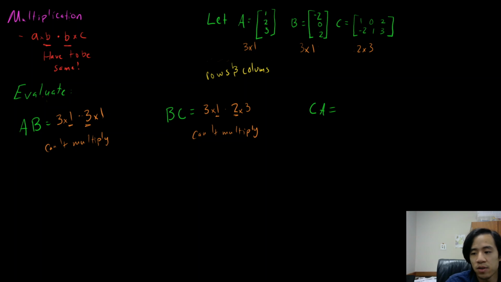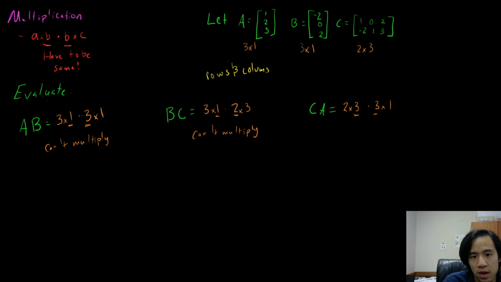Okay. But now take a look over here at C times A. C is a 2 by 3 matrix, and A is a 3 by 1 matrix. So because these middle numbers are the same, this can work. And so let me show you the process of what this matrix multiplication will look like.